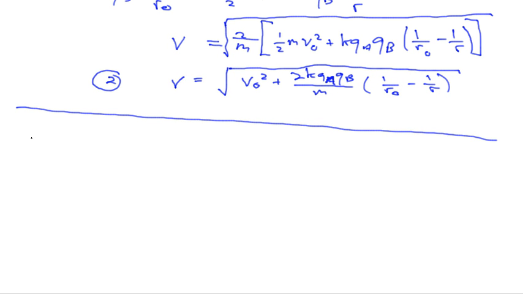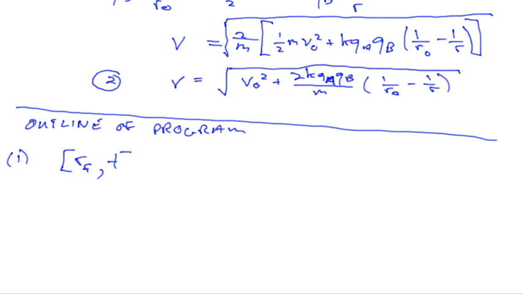I think I'm going to, in step 1, start my outline of the program. I'm going to start with a function definition, and I'm going to have 2 return variables, RF and T equals my function name.